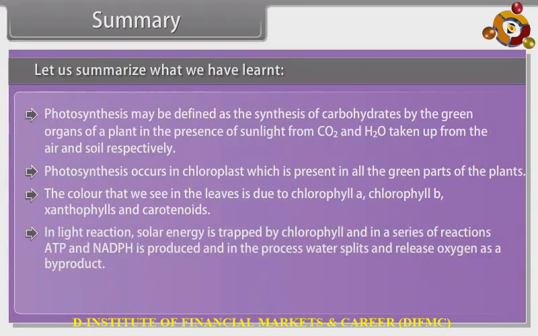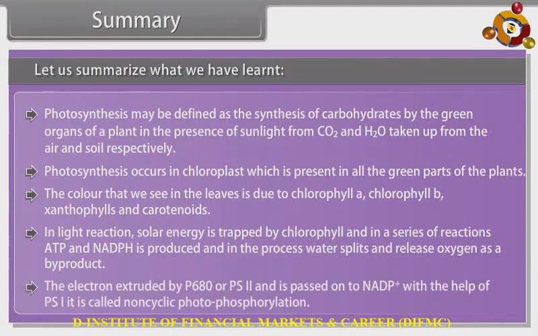In the light reaction, solar energy is trapped by chlorophyll and in a series of reactions, ATP and NADPH are produced, and in the process, water splits and releases oxygen as a byproduct. The electron extruded by P680 or PS2 is passed on to NADP+ with the help of PS1.